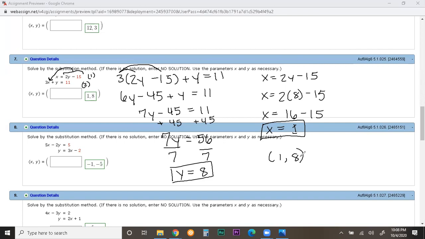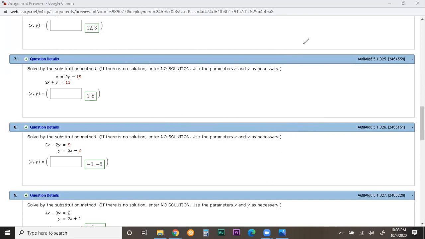All right? Now, with number 8, we have to do the same exact thing. Only thing about number 8, this is our first equation and this is our second equation. The second equation is solved for y, so it tells us that y equals 3x minus 2.